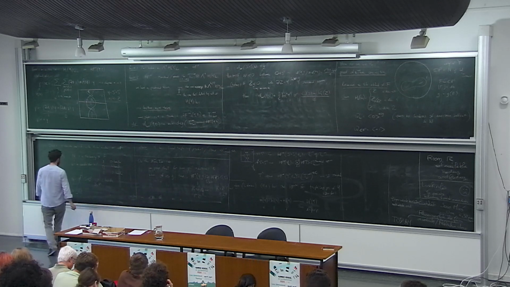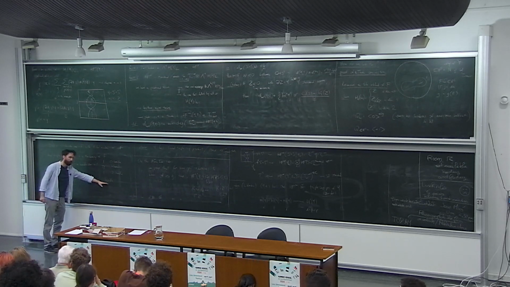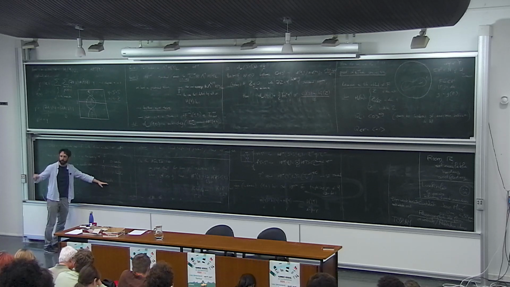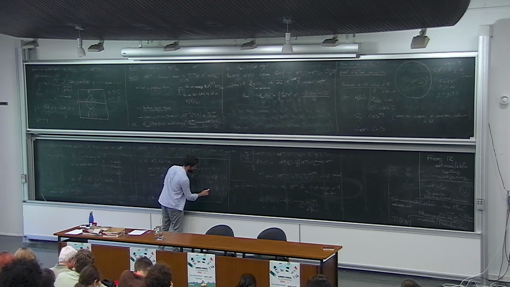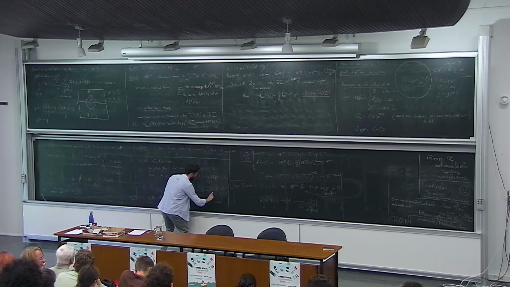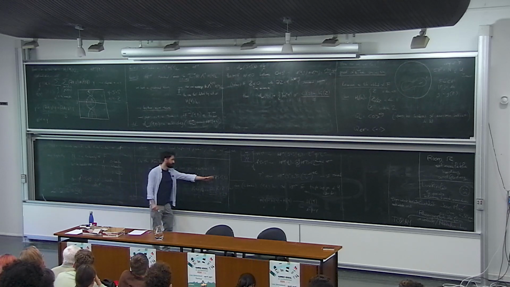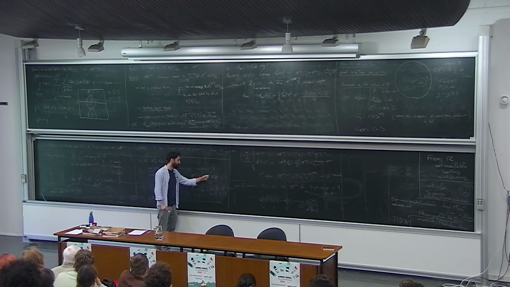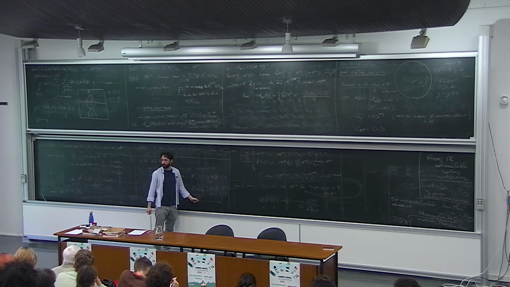But actually, since Y is a surgery along a null homologous knot in a connected sum of copies of S1 cross S2, I can identify these two modules. And when I identify these two modules, this isomorphism is still, up to a shift, an isomorphism of lambda star Z to the 2G modules.